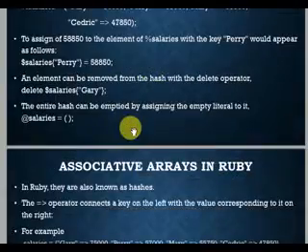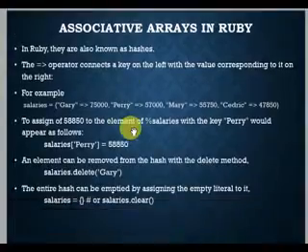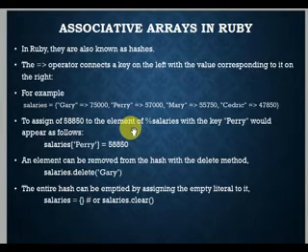Another example is in Ruby. In Ruby they are also called hashes. In this there is a double arrow operator connecting a key on the left with a value corresponding to it on the right. In this example we are not going to use any percent symbol. We just use the variable itself, salary, which is a hash variable. Then Gary will be assigned this value, Perry will be assigned this value.